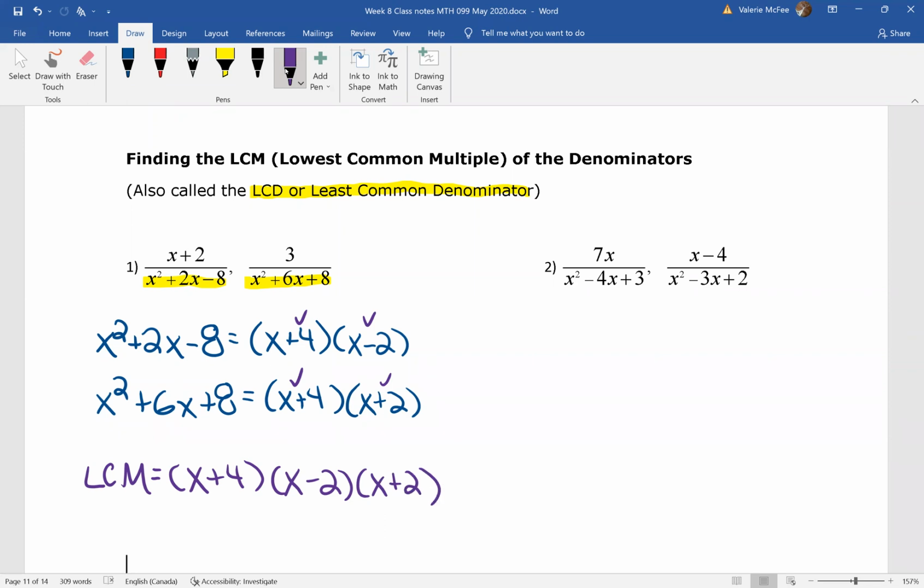Why don't you pause your video and find the lowest common multiple of the denominators for question 2.